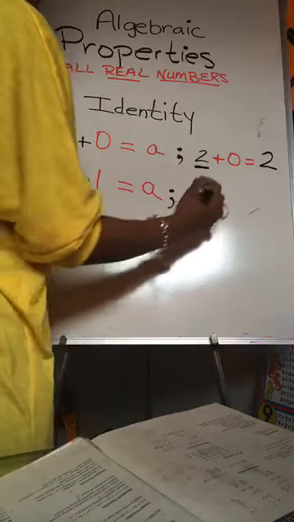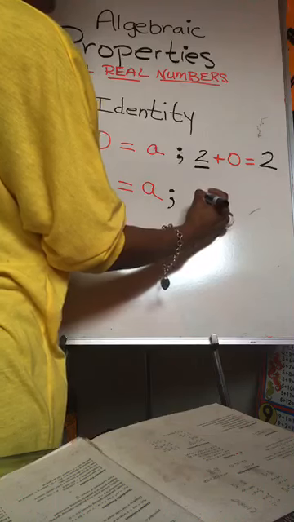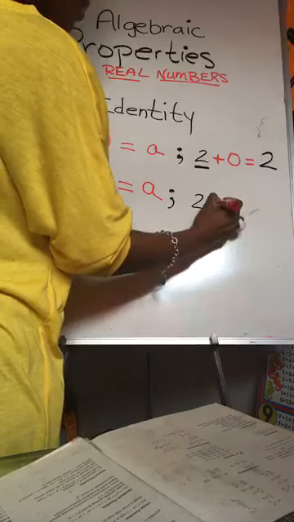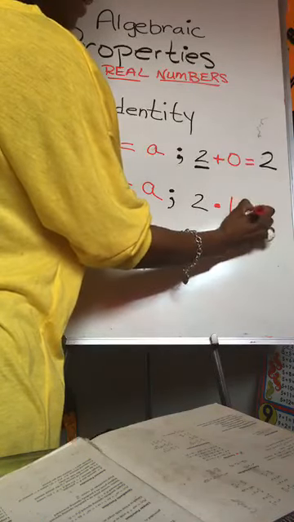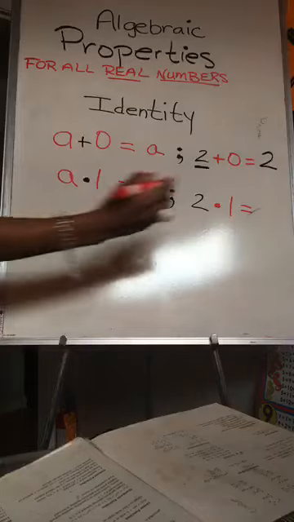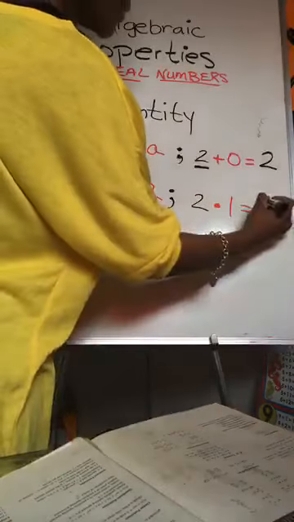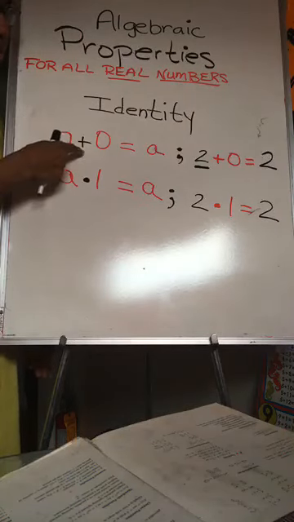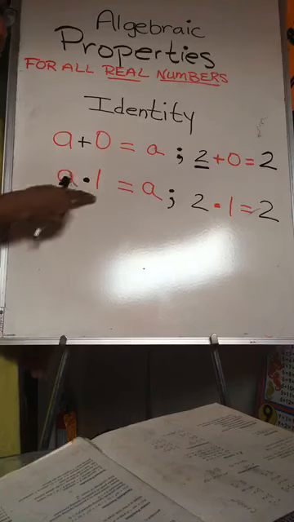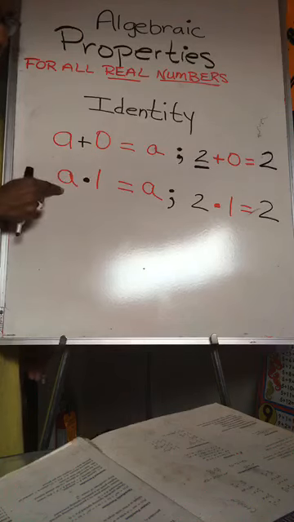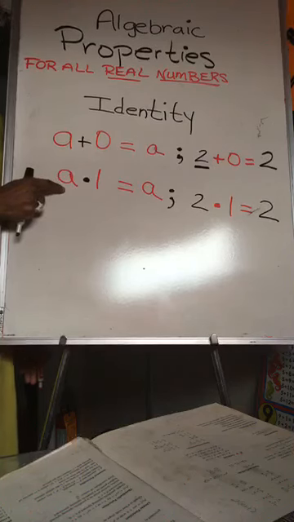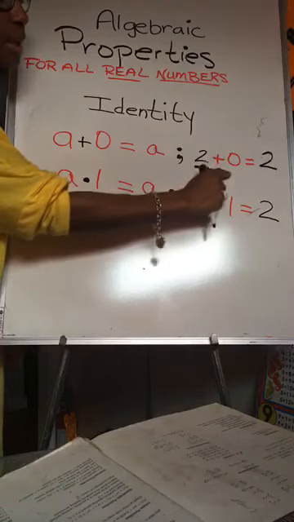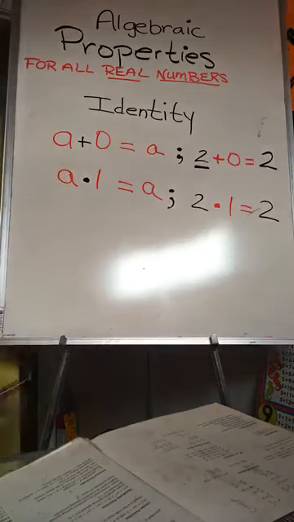And here, if I have A as 2 times 1, we know our multiplication is simple. The answer is 2. So this is called your identity property, for addition and multiplication. You have 0 and you have 1. When you give the variable a number, this is what happens, but only when you apply 0 for addition and 1 for multiplication.